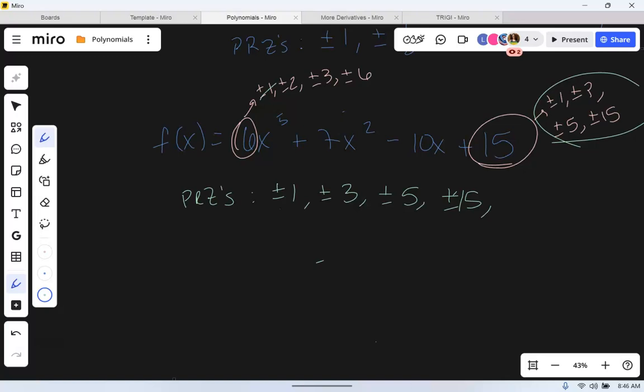So I take that same list of numbers and I divide each one of them by 2. Plus or minus 1/2. Plus or minus 3/2. Plus or minus 5/2. Plus or minus 15/2. Now I'm going to divide them by 3. You see how you really don't want one like this? 1/3. 3/3 is 1. There's no sense in repeating 1, so I don't have to do that. 5/3.